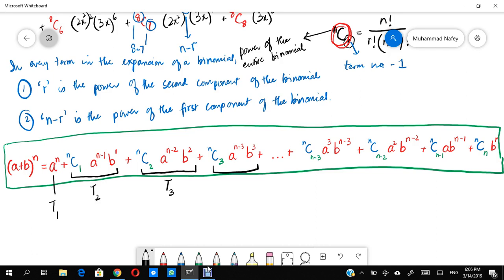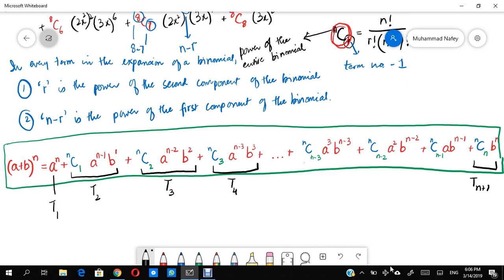This entire thing is term 4. This would be term n plus 1. Why? Because we know that this is the last term of the sequence and the total number of terms in any binomial expansion is n add 1. So this is obviously going to be term n plus 1 because we have n here, so n plus 1.